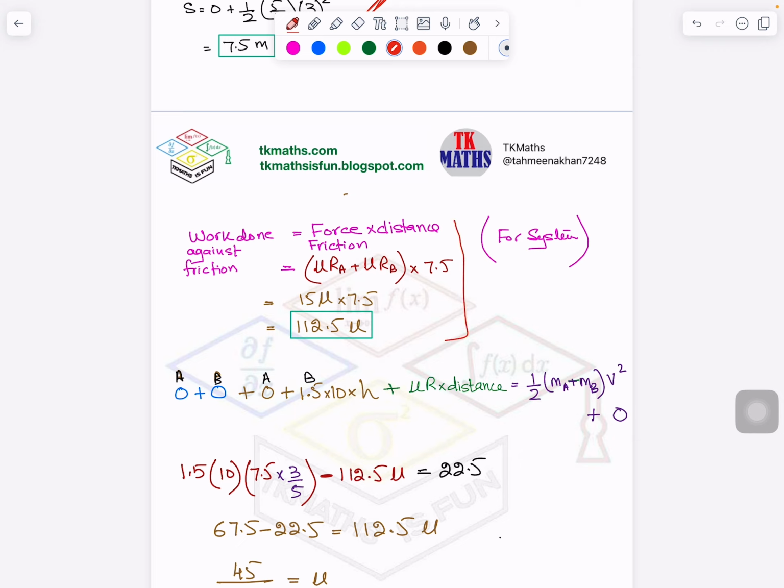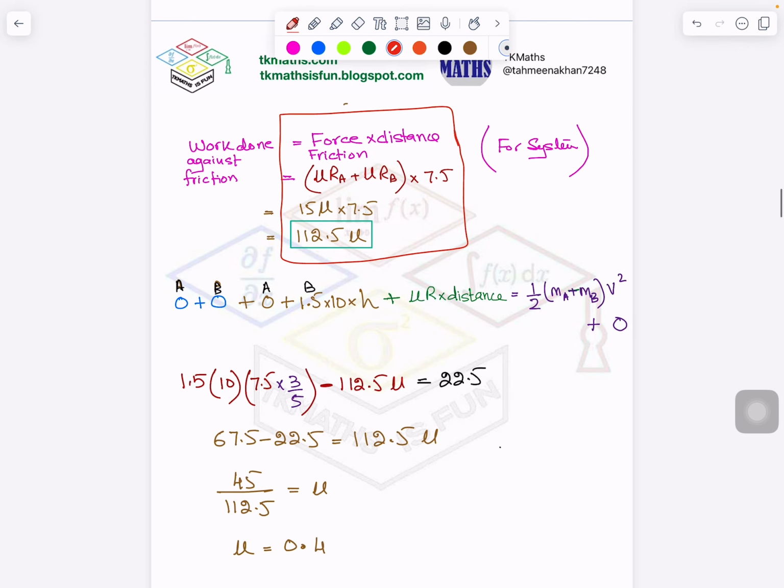I have shown you here how I found force into distance, because force into distance is because of both the frictional forces. So it is mu R because of A and because of B. I think this part is clear because we have already found the values of mu R. Now, after the substitution of all the values, because now we have everything, I got mu as 0.5.